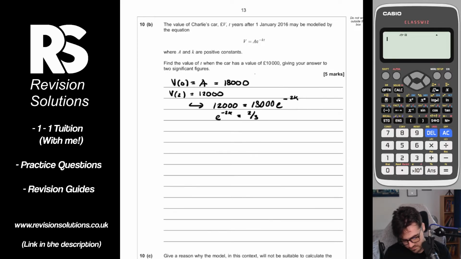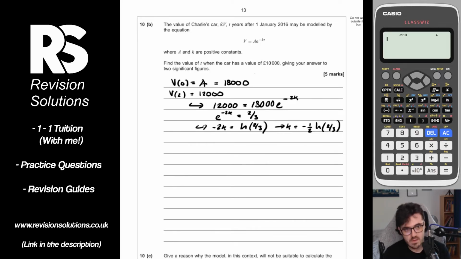So to solve that, we're going to need a logarithm. So minus 2k would be the natural log of 2/3. So then k would be equal to minus a half the natural log of 2/3.